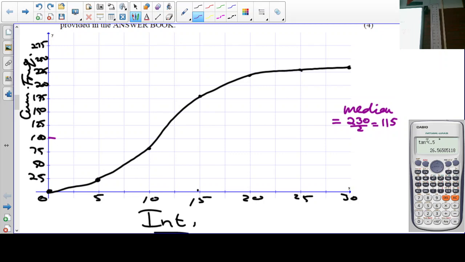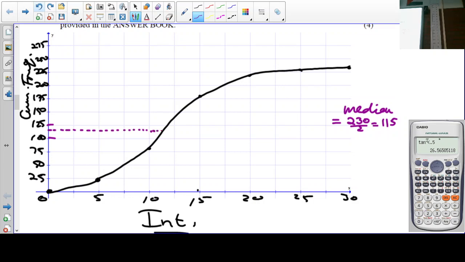So that is 100, that is 125. So the middle of this is 112.5. Not so? So 115 is just above that. So I'm going to go with just above that.